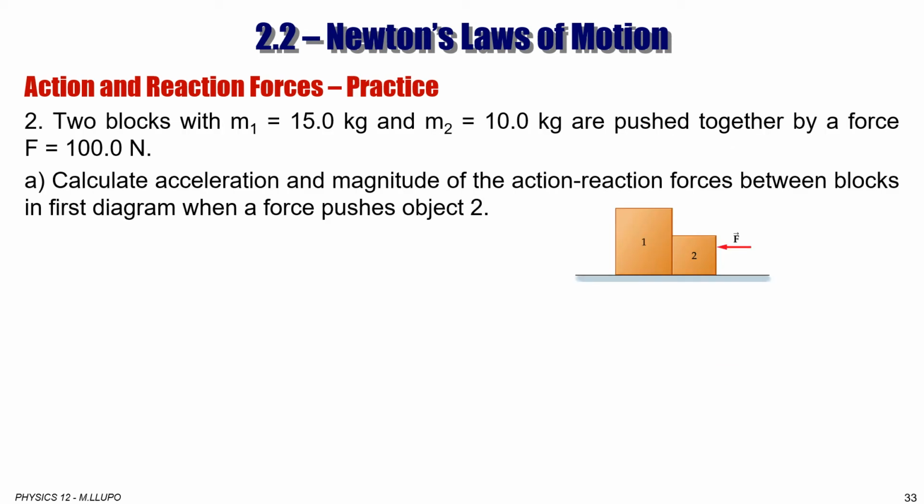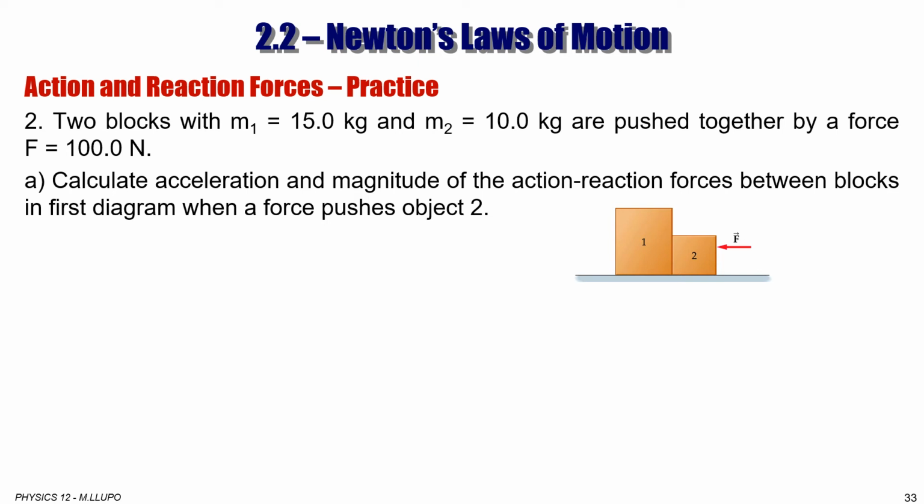This problem will answer the question raised, whether the action-reaction force between two blocks is the same when an external force is pushing the bigger box or the smaller box. Here are some numbers.